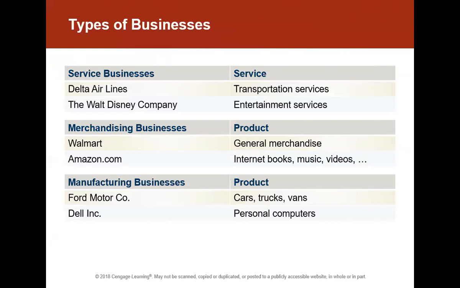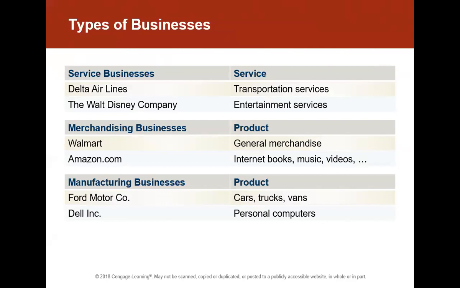We're going to focus the first half of the semester on a service-oriented business. So we're looking at a very simple business structure where we provide a service to our client and they pay us for our services. They mention examples like transportation, like Delta Airlines, and Walt Disney, entertainment. I think the book we're going to look at is like a consulting firm, so they're providing consulting services.